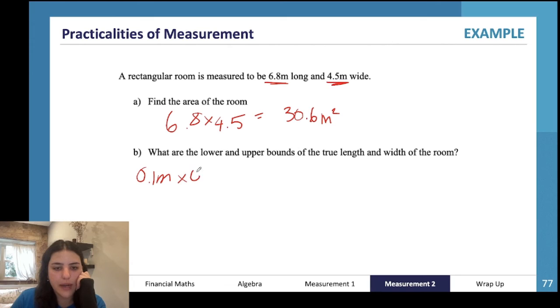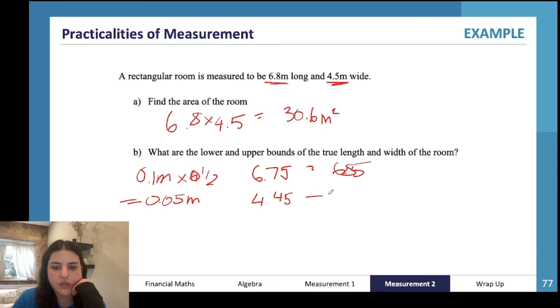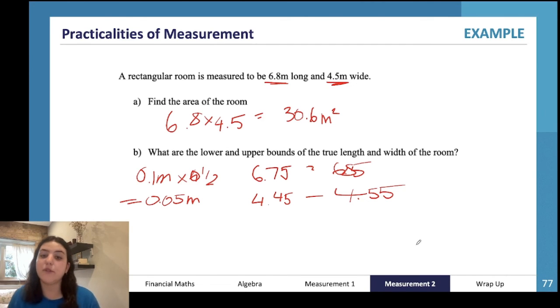So we times that by half, so our actual absolute error is 0.05 meters, which means our lower and upper bounds of the true length and width are going to be 6.8 minus 0.05, so 6.75 to 6.85, and our width is going to be 4.45 to 4.55.